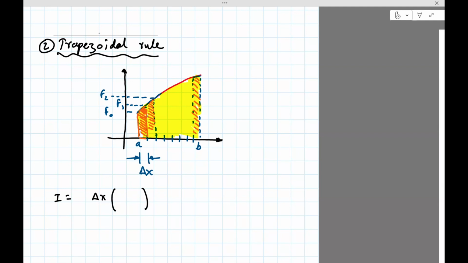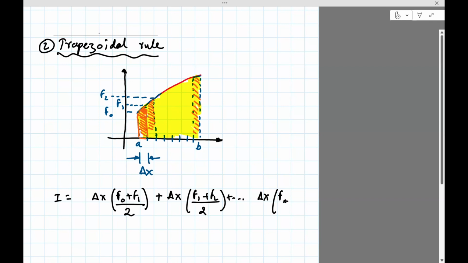So the heights are f0 and f1, the two parallel sides of the trapezoid, divided by 2 for the average. Then the second one will be delta x, f1 plus f2, divided by 2, and so on. Eventually, I'll get delta x, f n minus 1 plus f n, divided by 2.